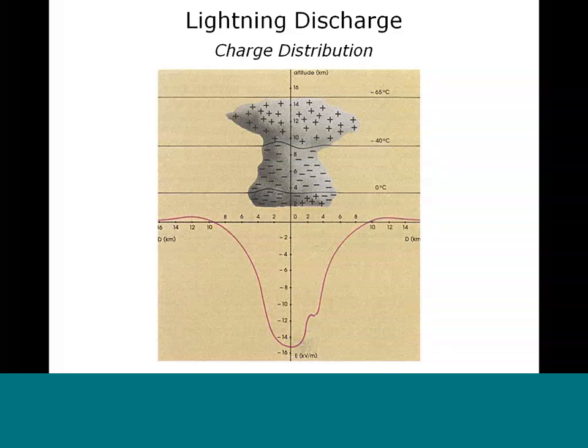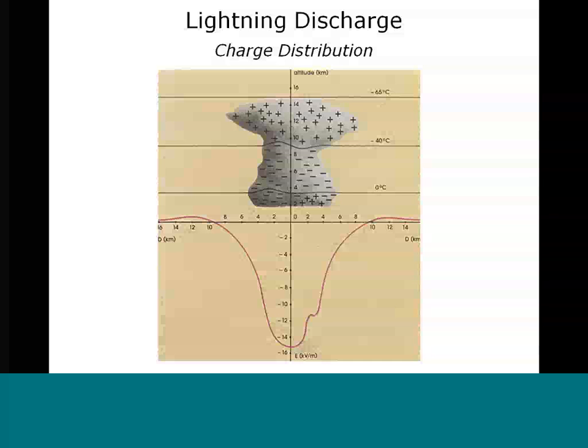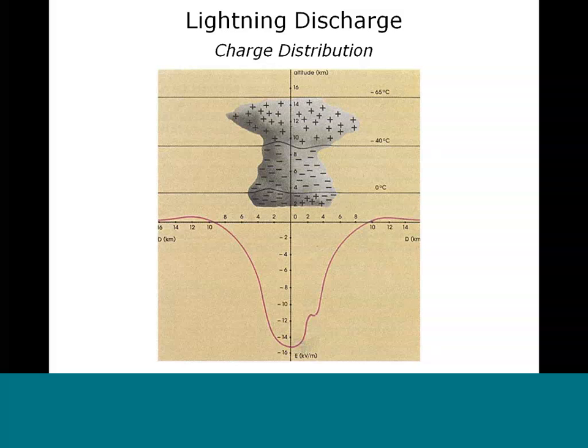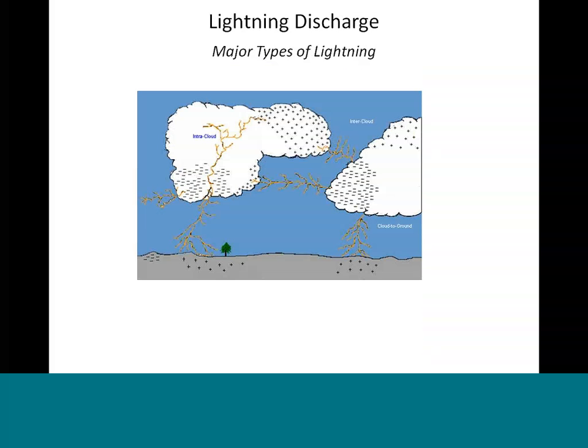In the vertical axis you will see the altitude that the thundercloud occupies, and here the temperature regions. A typical electric field at the ground level is shown on this axis in red. As you see, it measures some tens of kilovolts per meter. This is very preliminary data on lightning thunderclouds.